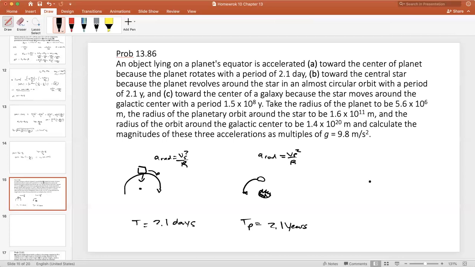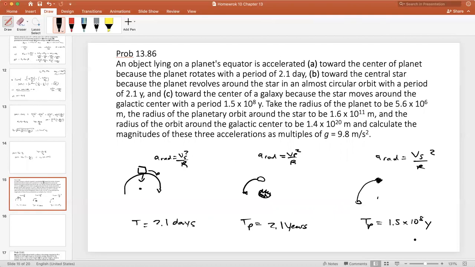And then finally, that star is rotating around the galaxy. So around some point at the center of the galaxy, it also has an ARAD of V of the star squared over R. And it's got a period of 1.5 times 10 to the 8th years, okay?